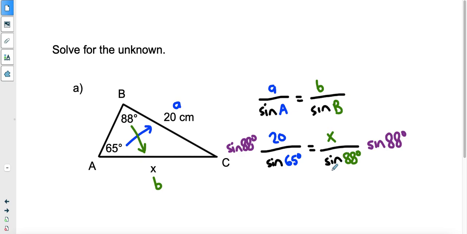If we do that, these two cancel out here, and we're left with x is equal to 20 times sine of 88 degrees divided by sine of 65 degrees. So let's write that out.